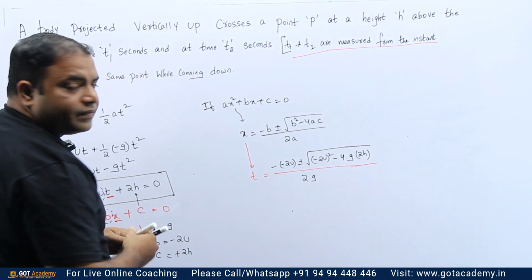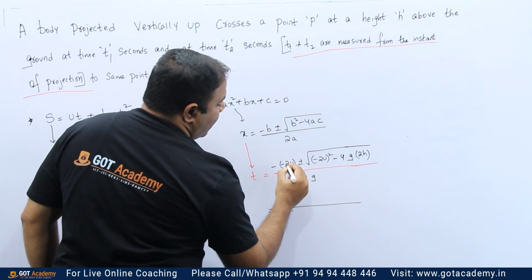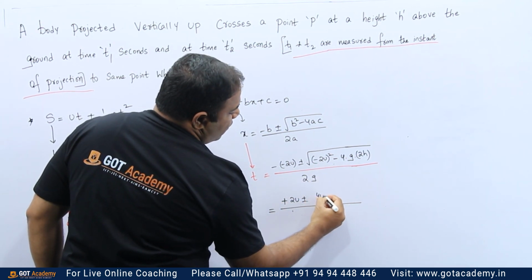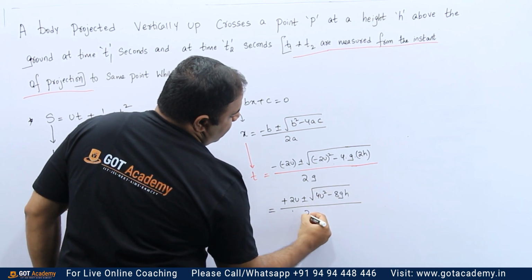By solving this, minus into minus gives plus 2u, so 4u square minus 8gh, by 2g.